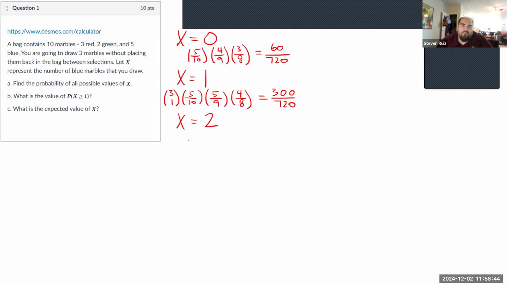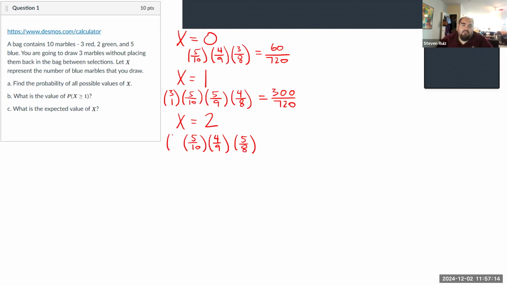I want there to be 2, but for starters, let's just say that the first 2 are going to be blue. There are 5 blue marbles, so I have a 5 out of 10 probability of picking that first. There are 4 blue marbles left out of 9. Okay, but for the third marble, I want to pick a non-blue. There are 5 of those of the remaining 8 marbles.